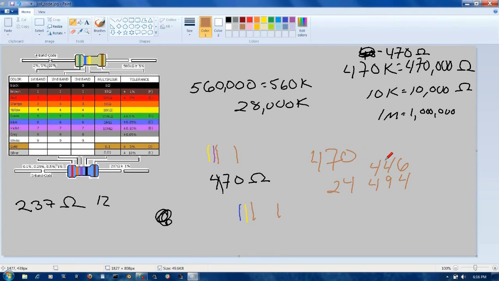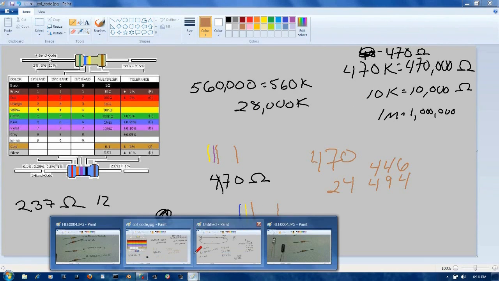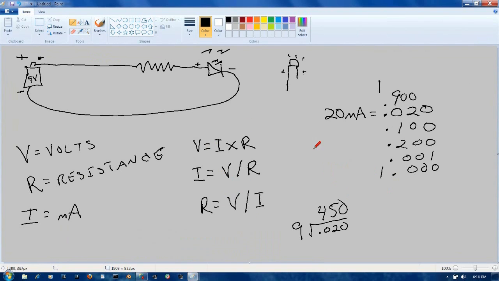Now, I'm not going to get into the details of what ohms resistors manufacturers produce with the different tolerances. That would be for another course. So basically here, we know we want a 450 ohms resistor, and I can tell you this, you're not going to find a 450 ohms resistor.